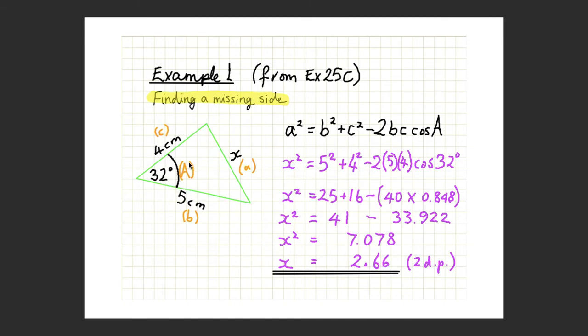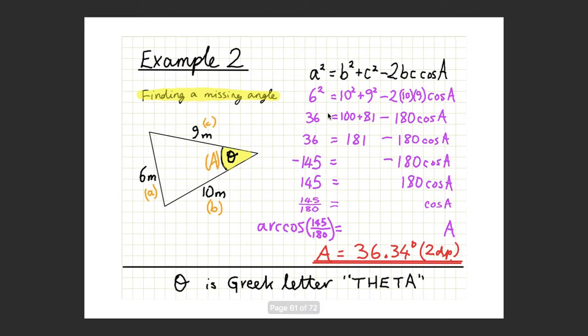So the angle that you've got, you're labelling A, big A, for the purposes of sticking the numbers in this formula. And then the two sides that the angle is in between are b and c. And once again, it doesn't matter really which way around you label those.